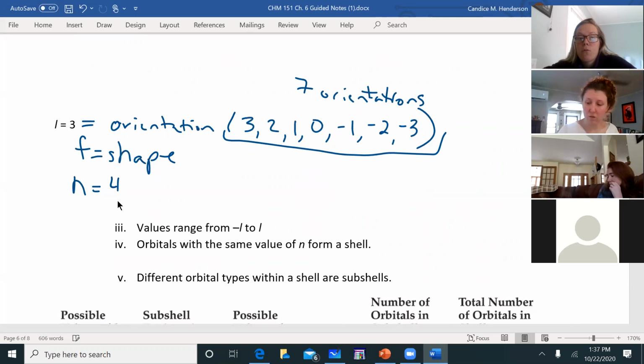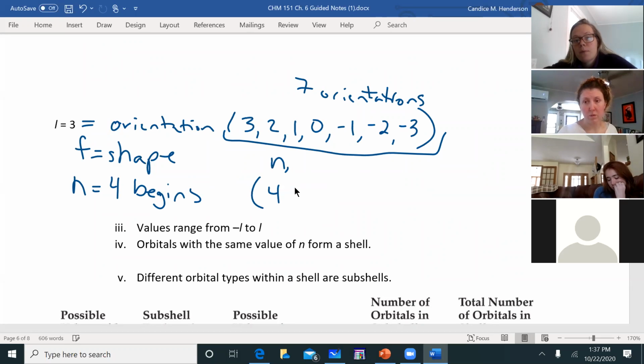N equals 4 is where it begins. So the lowest number I could have for my n value would be 4. Its shape is always going to be that L number, which is 3. And then the orientation could be any single one of these. So I don't know, let's pick the -2. I could also do 6 other ones, changing out that last number.